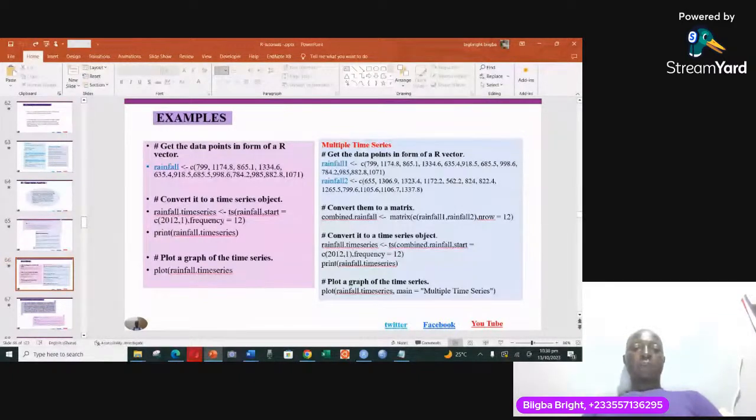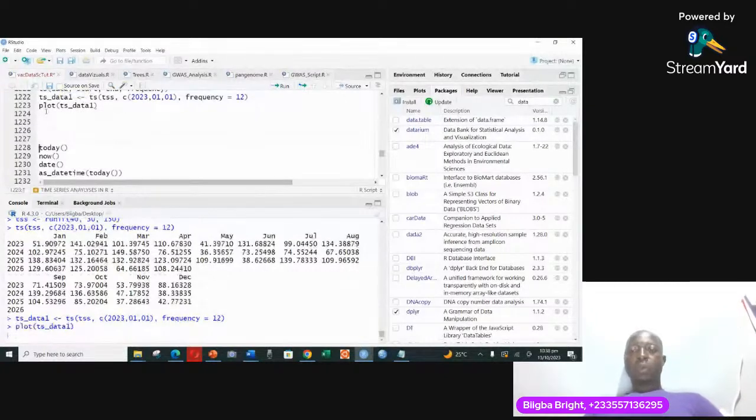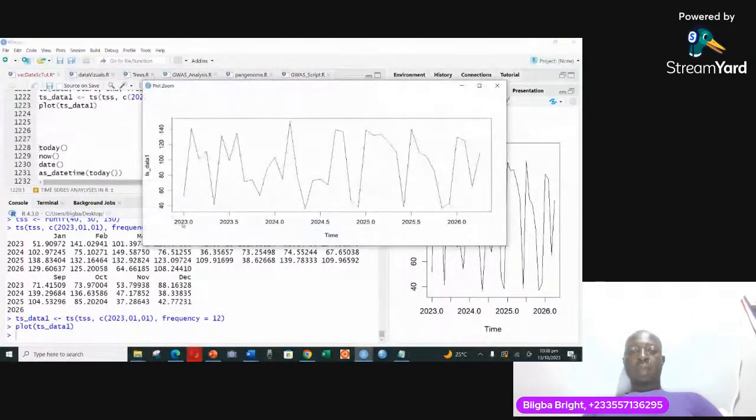So you can just use the function plot, and then that's all. So I can just come here and say plot, and I'm plotting the ts_data_1, which is here. And then when you run that, it's going to give you the time series.